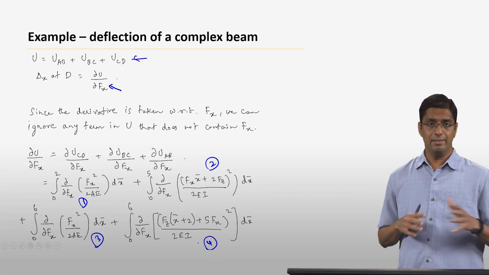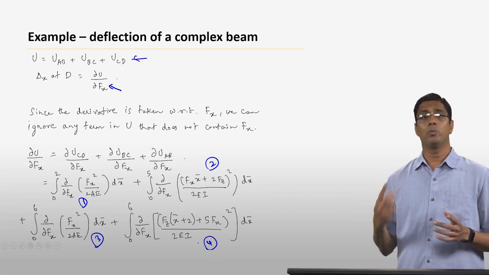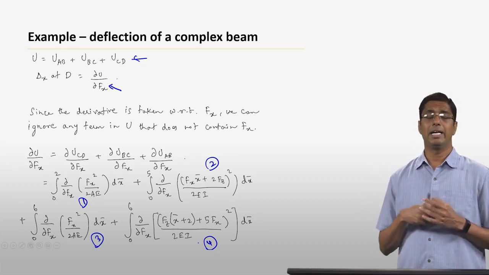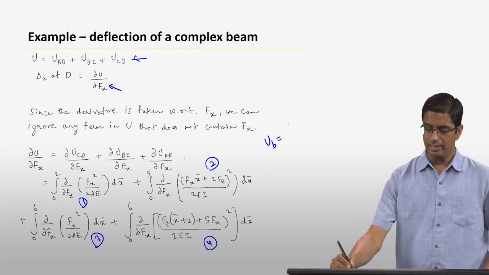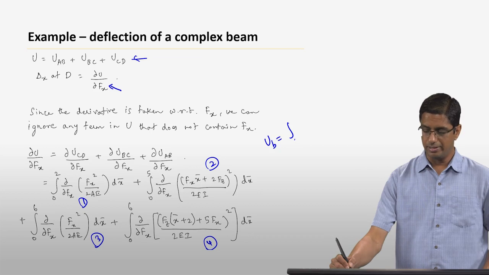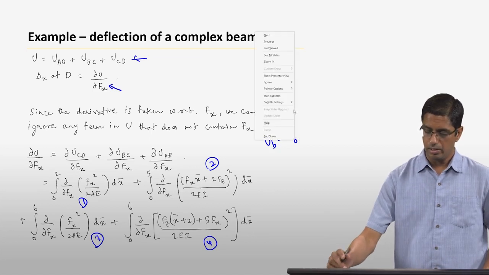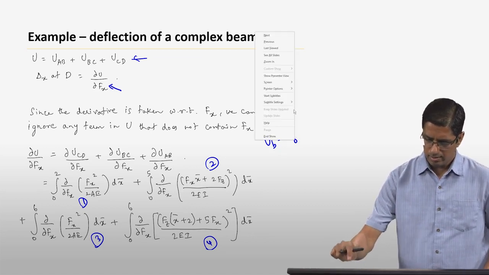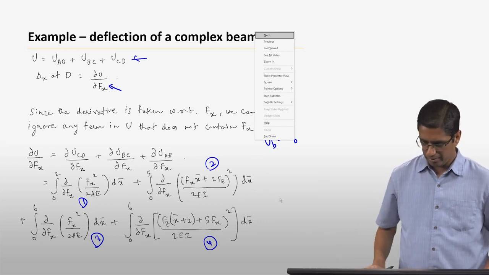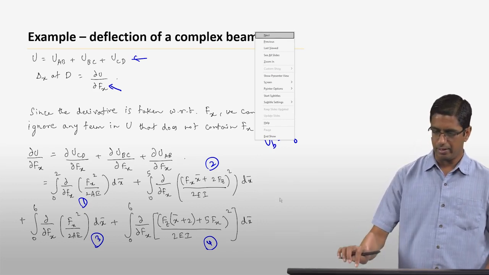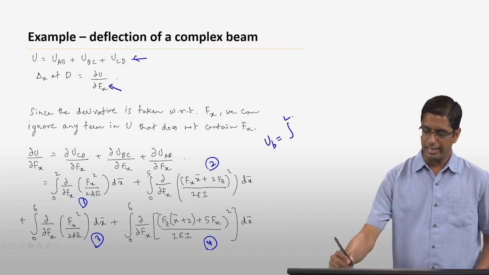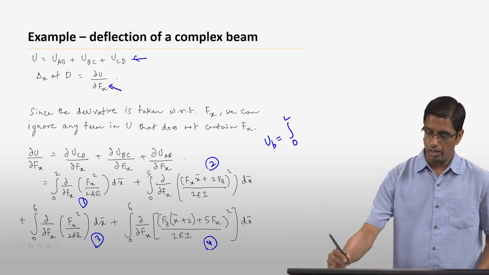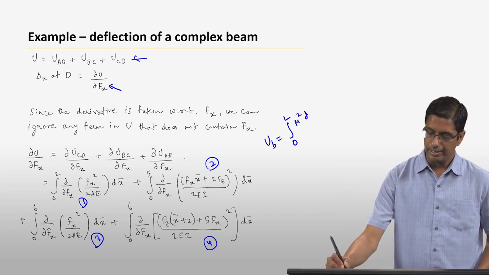The other thing you realize is that when you had only one type of deformation, it was a little bit simpler. You had only U bending, and the strain energy is just the integral from 0 to L of M squared dx over 2EI.